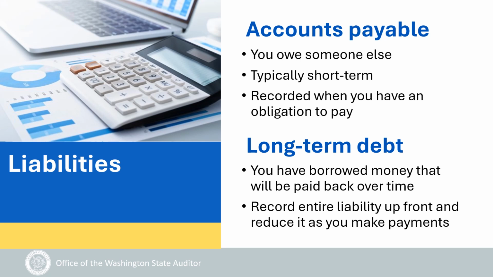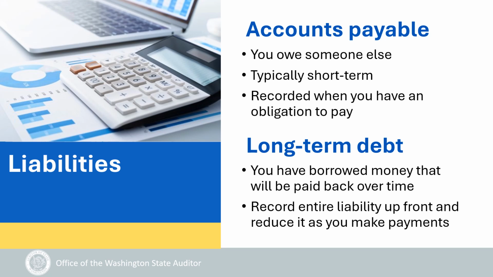Long-term debt is when you have borrowed money that will be paid back over time. In a personal setting, this would be like taking out student loans or a house loan. The bank loans you the full amount up front, and you will repay them over time. You have a liability for the entire amount of the loan at the beginning, and then the liability is reduced as you make payments.